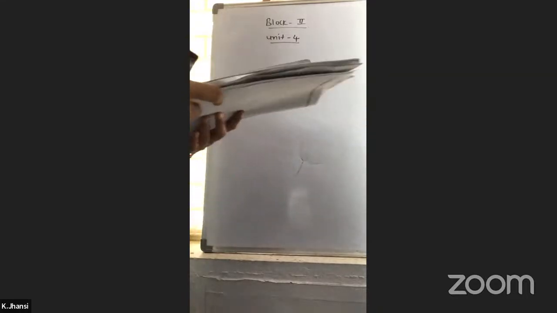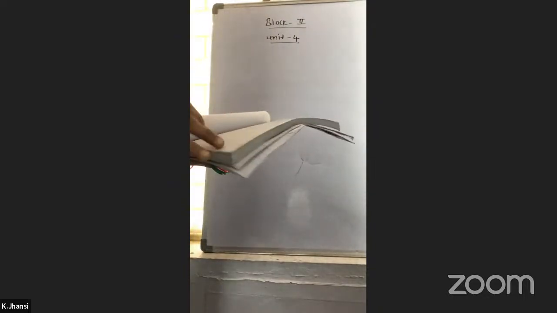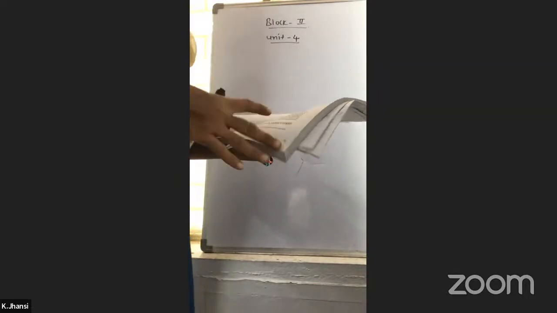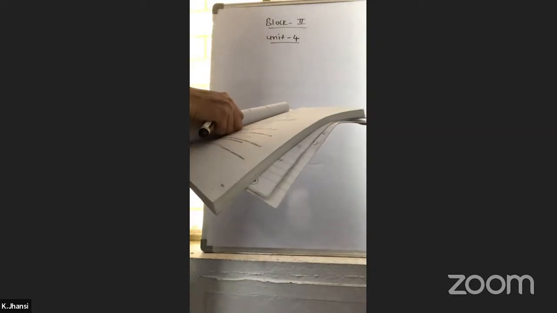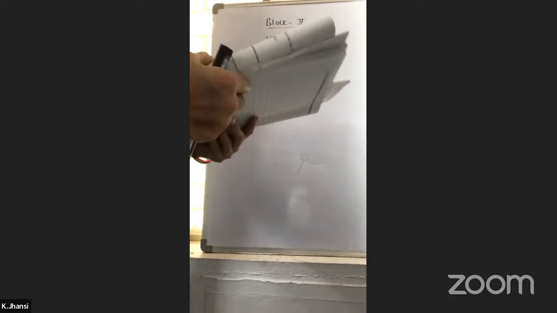Okay, block 2 is about the straight line. If you see unit 4, it is the straight line and various forms of the equation of a straight line. So for the equation of a straight line, you have the general form. We call it the unsymmetrical form of a line.